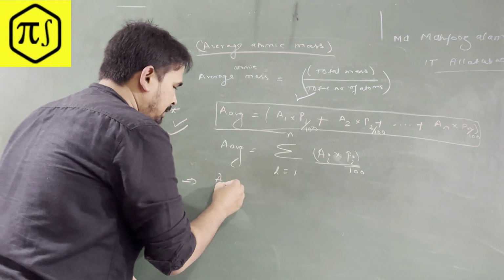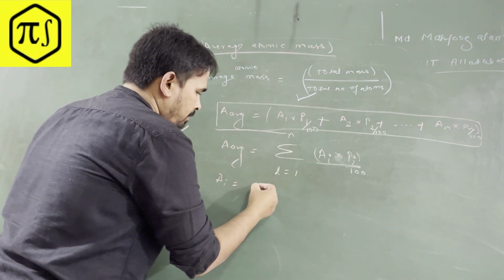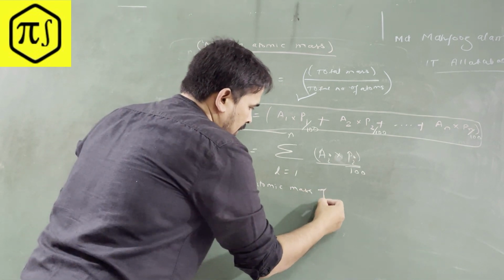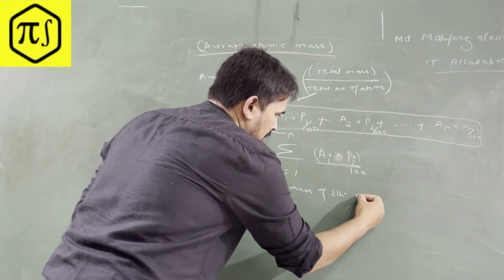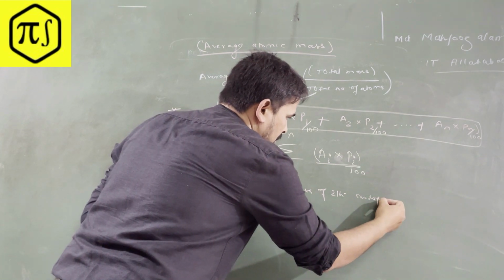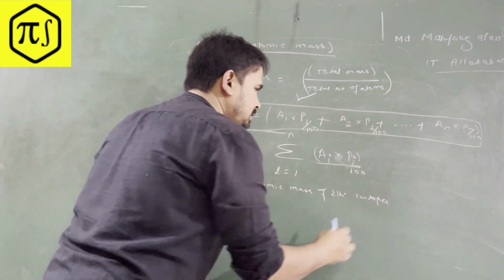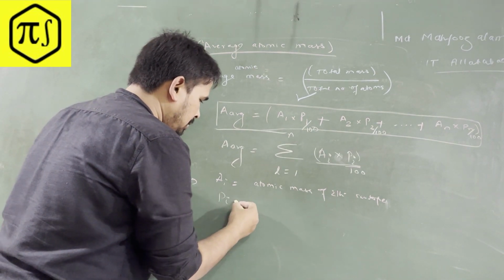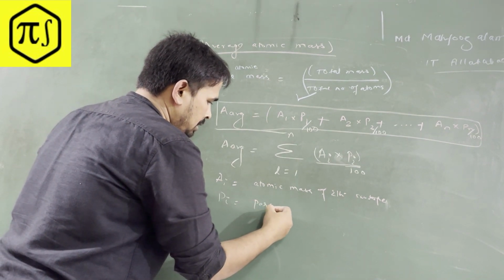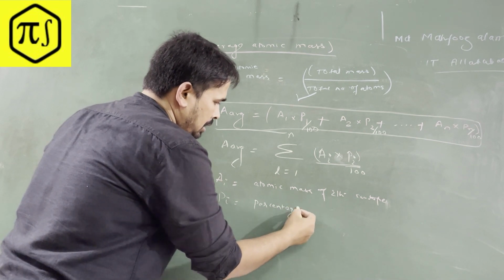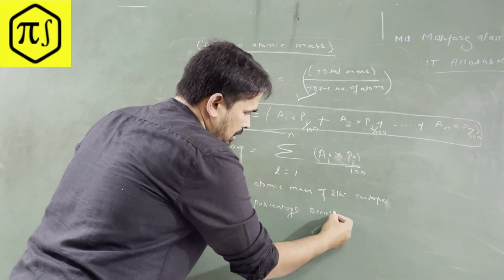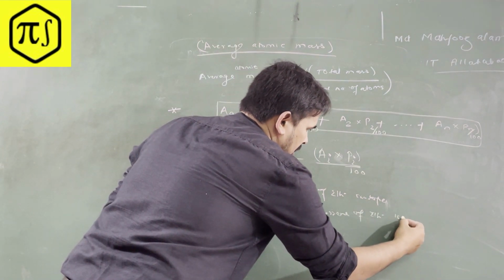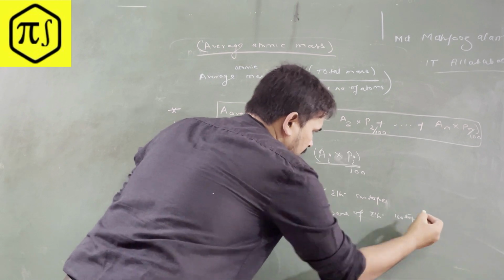What is Ai? Ai is the atomic mass of the ith isotope, and Pi is the percentage occurrence of the ith isotope.